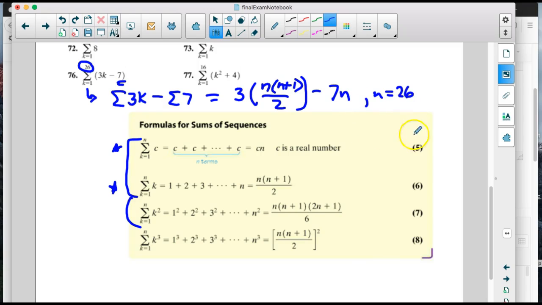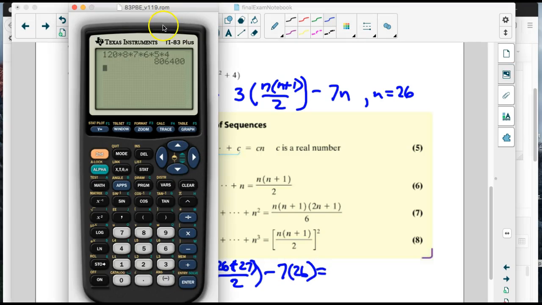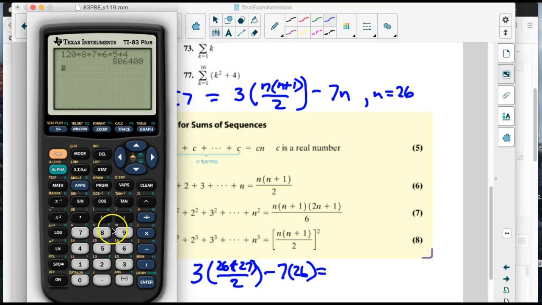We're just going to evaluate that. So I'm going to write it down here now. I have 3 times 26 times 27, it's n plus 1, divided by 2, minus 7 times 26. And we're just going to evaluate that on the calculator. So we have 3 times 26 times 27 divided by 2.